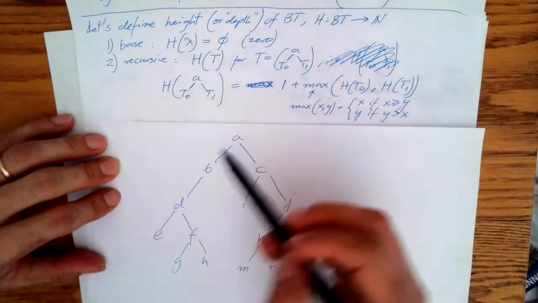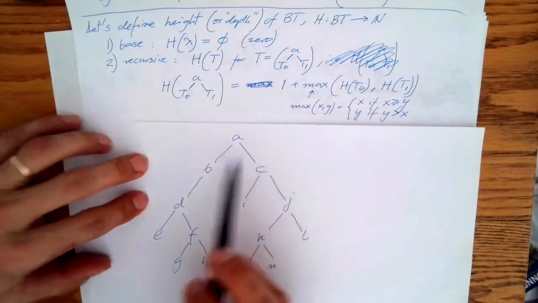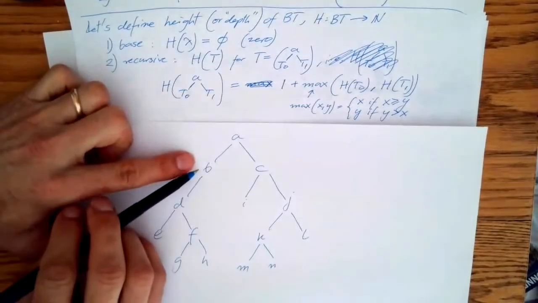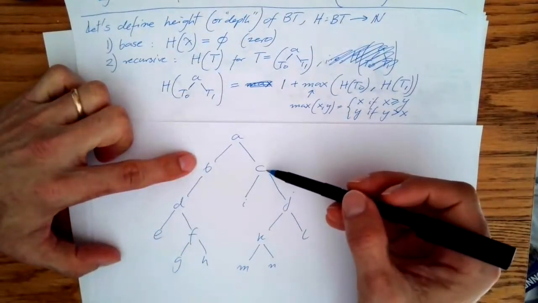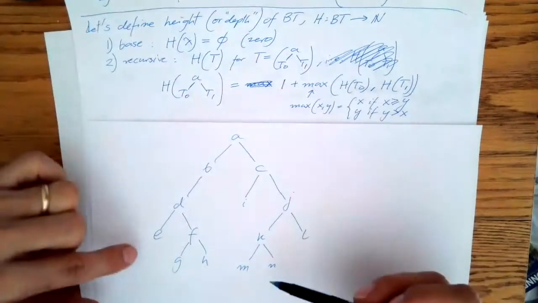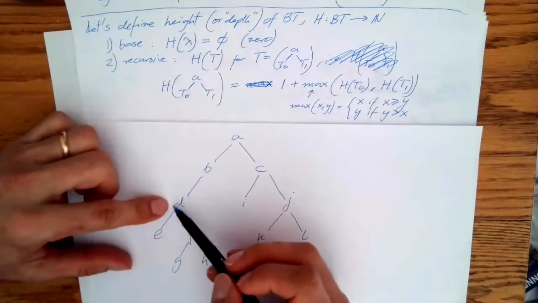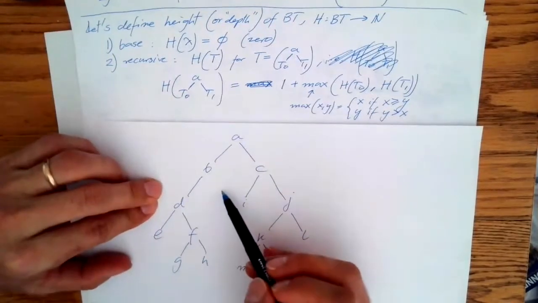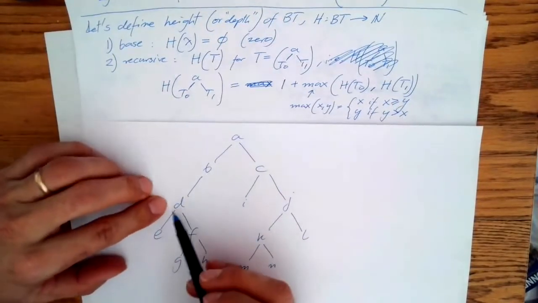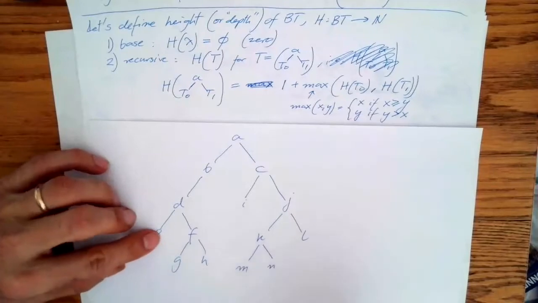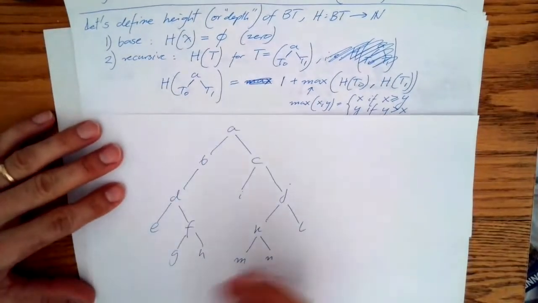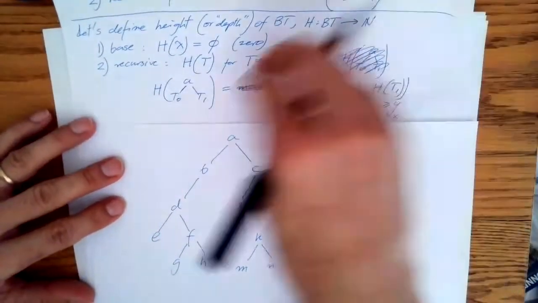Well, in the last move, there was some subtree rooted by B, that was T0, and rooted by C, that was T1, and you created this whole thing. And this one was created by T0 was this, T1 was an empty string, and so forth, right? So now, how do you use this height function?